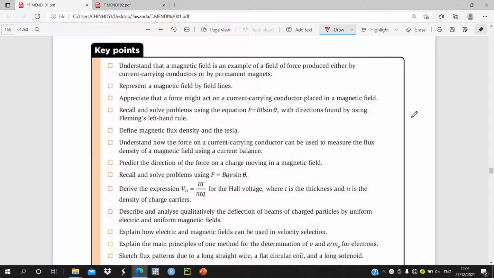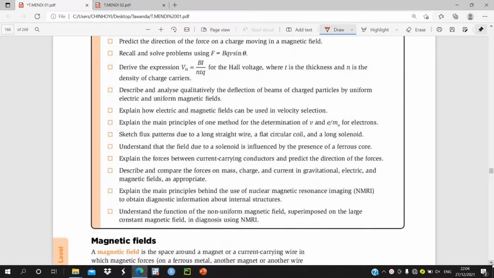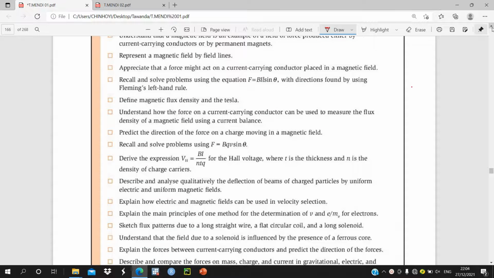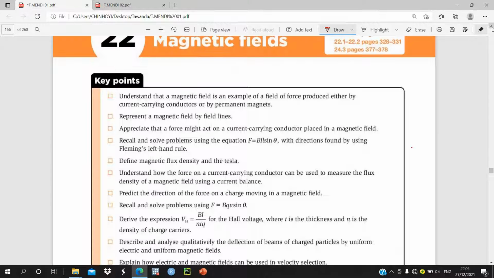I want to divide this topic into two videos because there are many key points that we need to look at under this lesson. So in this lesson we are going to do this point, this point, this point, up to this point.